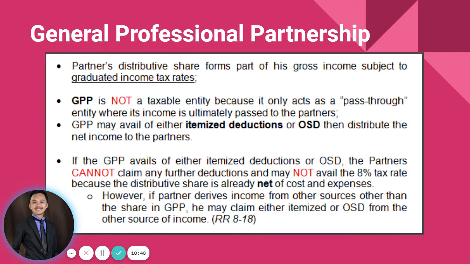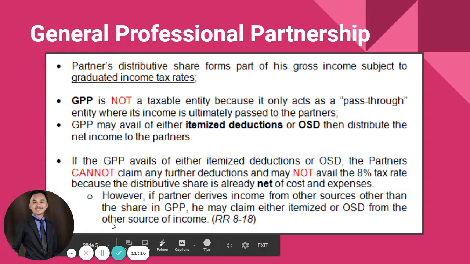Again, for what reason? For the reason that the distributable share that the partner has received, or the net income distributable of the partnership, is already net of cost and expenses. So that is why it is no longer subject to 8%.